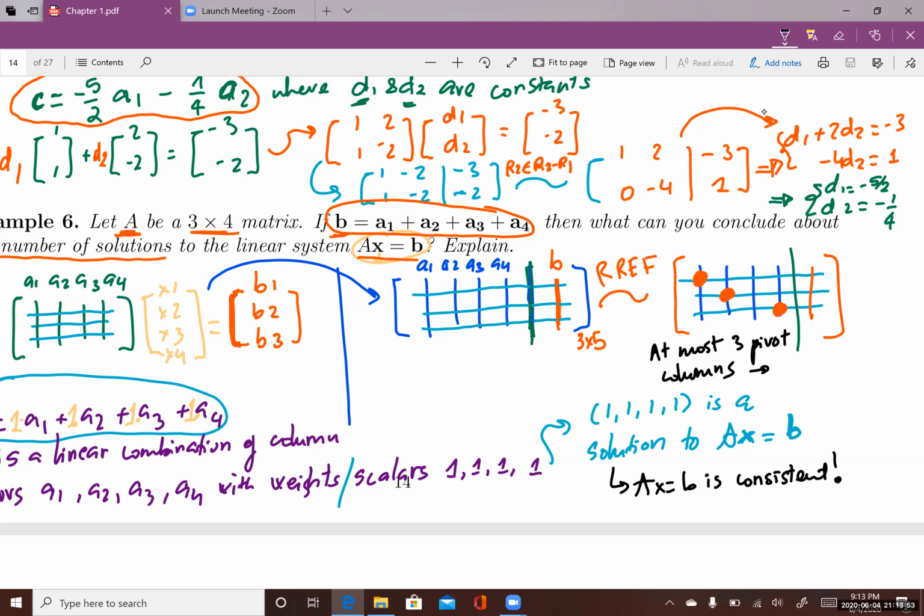If I have at most 3 pivot columns, that means I would have at least 1 free variable.